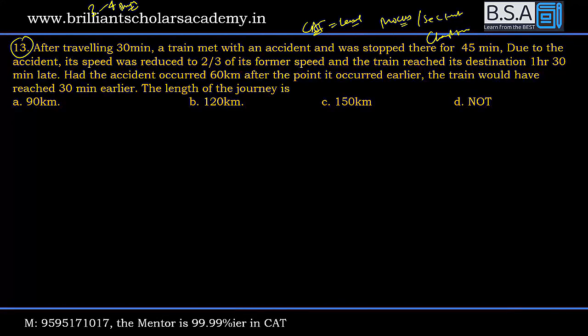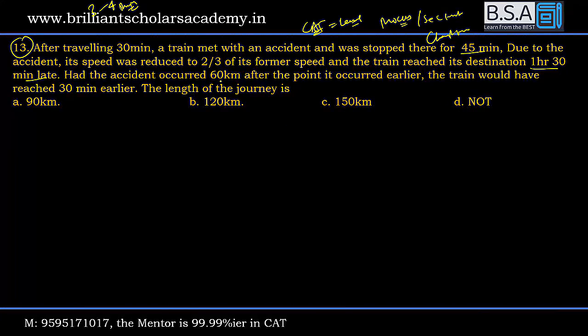Let me break it down into smaller parts. After traveling 30 minutes, a train met with an accident and was stopped there for 45 minutes. Due to the accident, its speed was reduced to 2 by 3 of its former speed, and the train reached its destination 1 hour 30 minutes late.